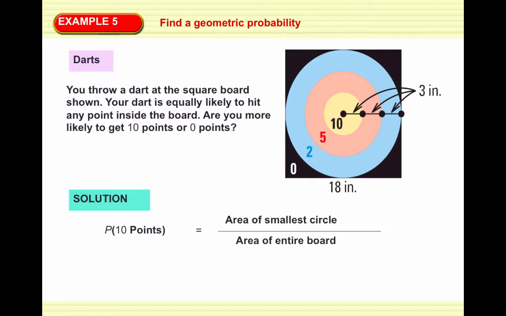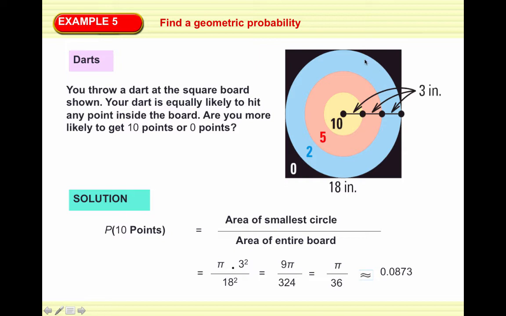Our probability of getting 10 points is going to be the area inside the smallest circle versus the area of the entire board. The area inside the smallest circle is going to be pi r squared for that circle, so that's pi times 3 squared.